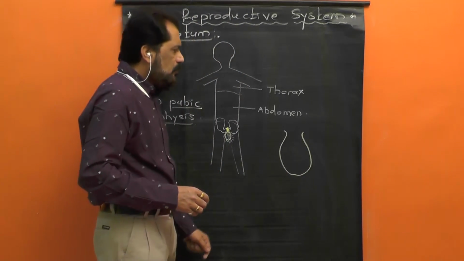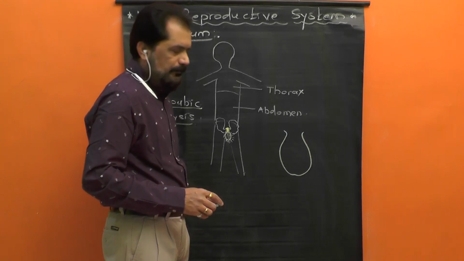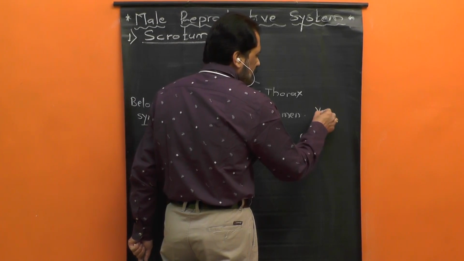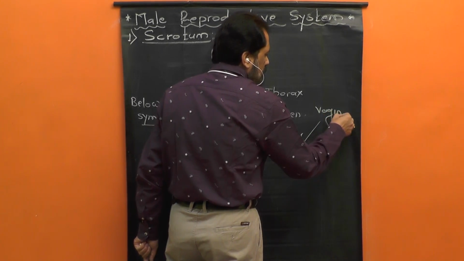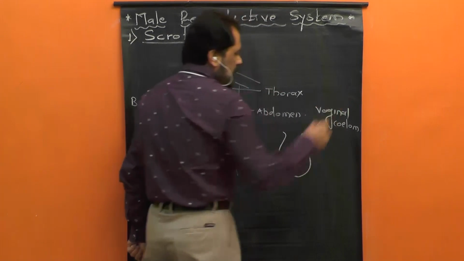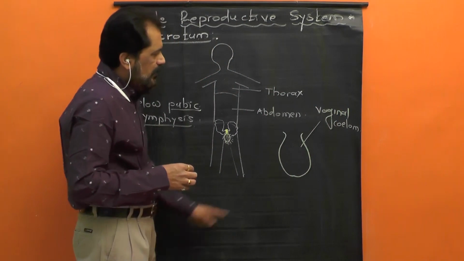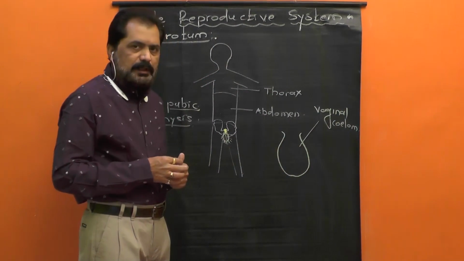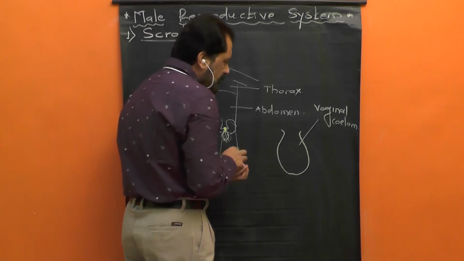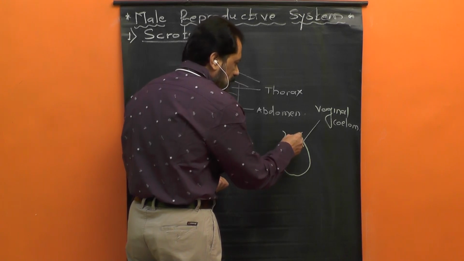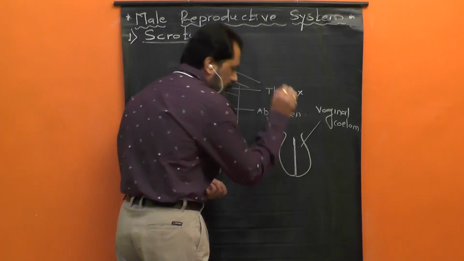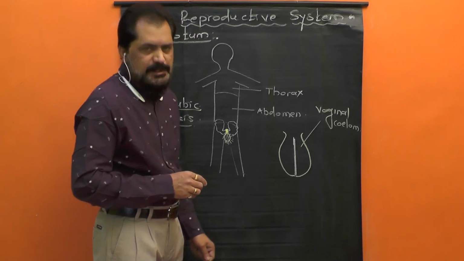Now the cavity of the scrotum is called the vaginal coelom. The cavity of the scrotum is divided into left and right scrotal sacs by means of a vertical septum.